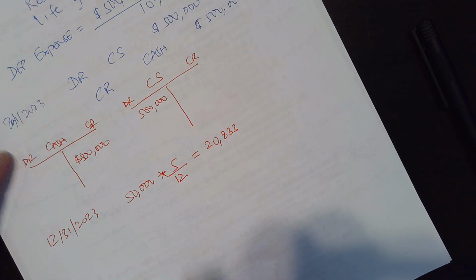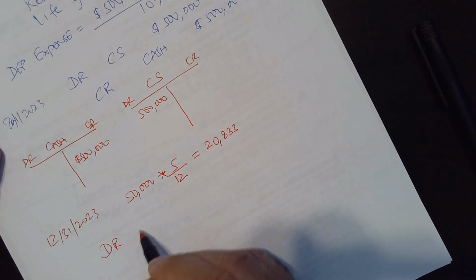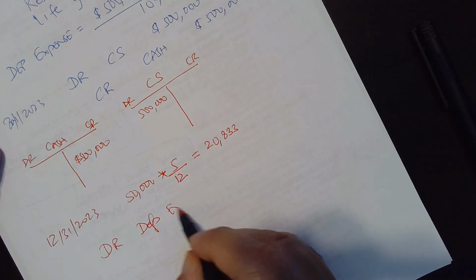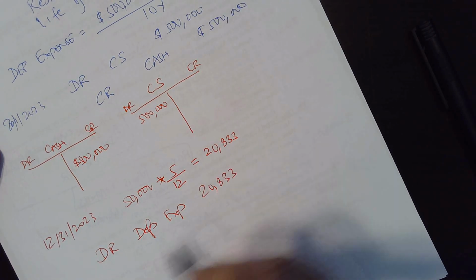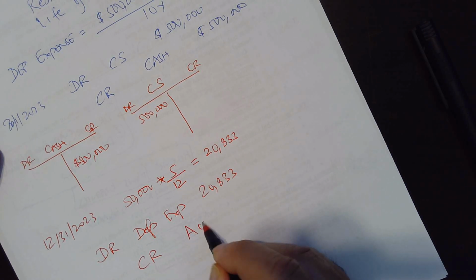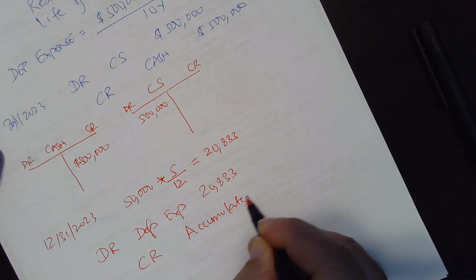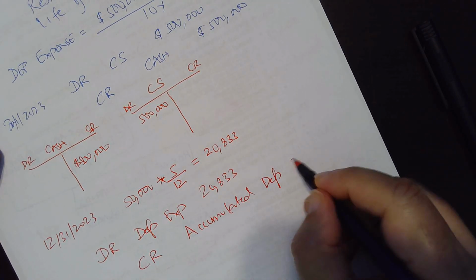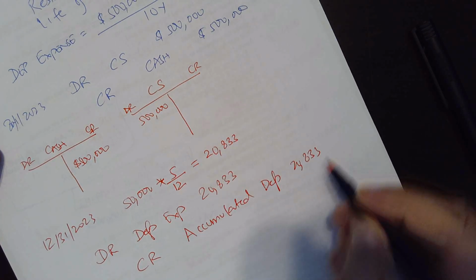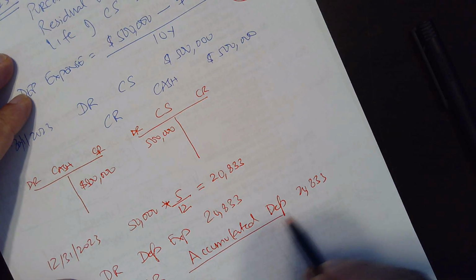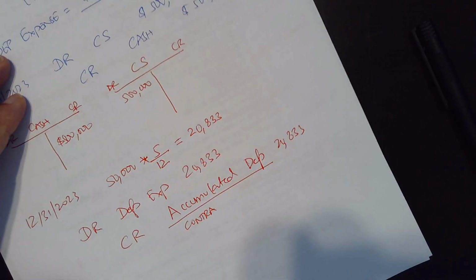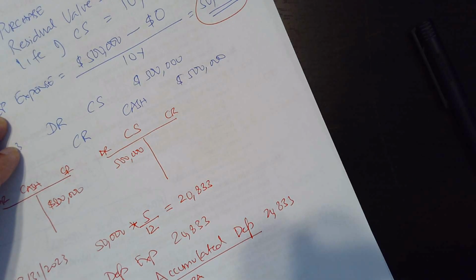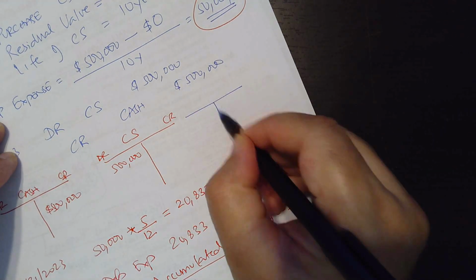Okay, so we're going to say debit depreciation expense of 20,833, and we're going to credit accumulated depreciation of 20,833. So what is accumulated depreciation? It is a contra account, a contra asset account. So how does it work? This account usually stays right next to or right below the asset.